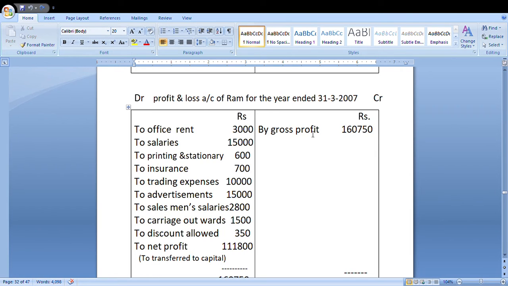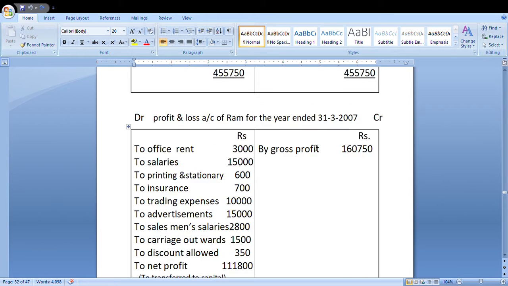Next, this side is for incomes or revenue. Any income, any gain, that item enters the credit side. First you start with gross profit.